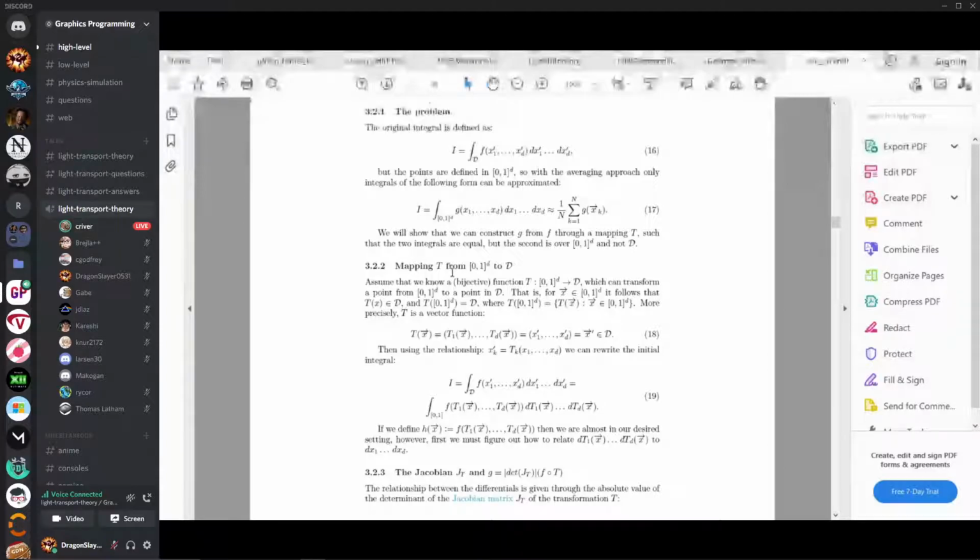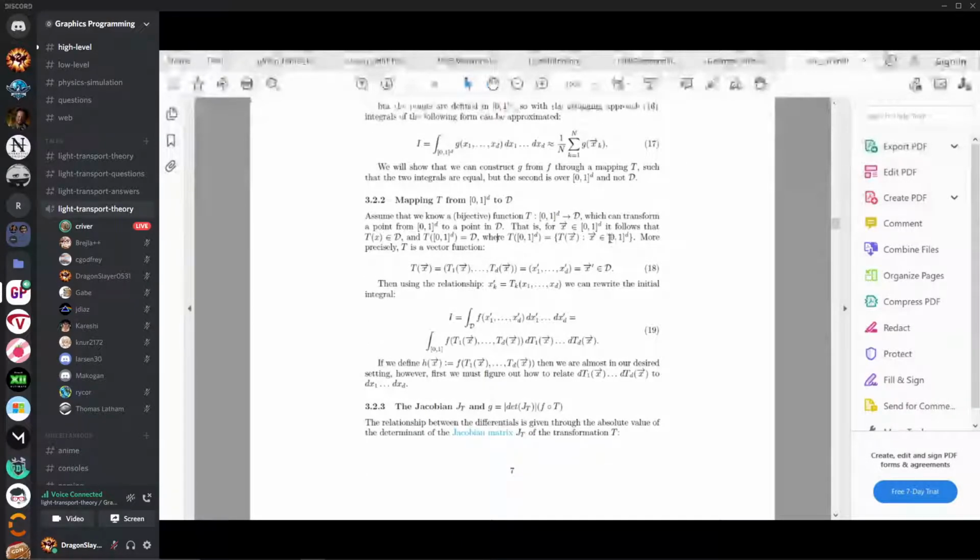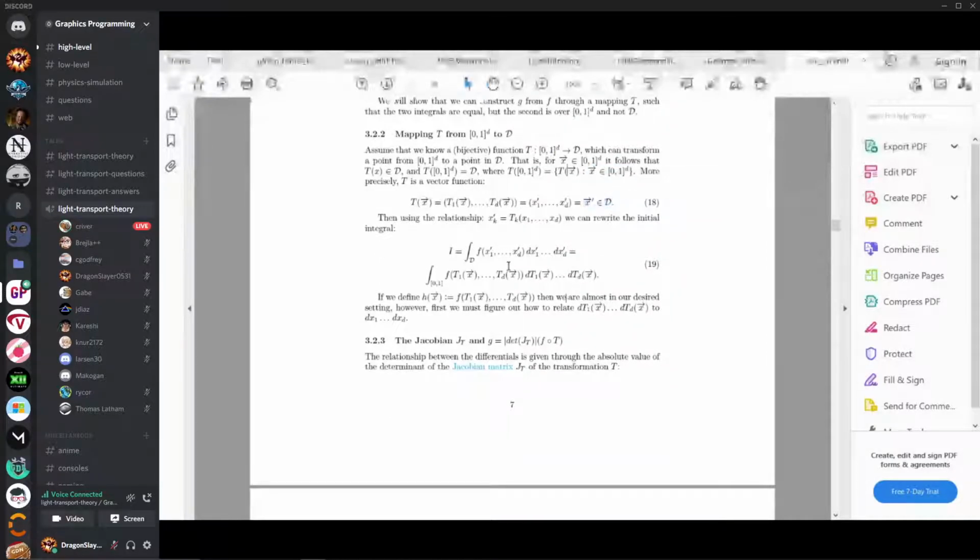Well, you can construct a mapping, so a function from our domain where we have our random numbers to this set D. Let's just assume we have such a function, which given a point in this unit hypercube gives us a point in D. Then substituting, we have our original integral, and we know that x1 prime is this, xd prime is this, so substituting in here, and also in the differential, we get something that's very close to what we want.